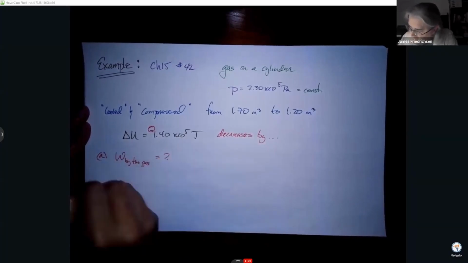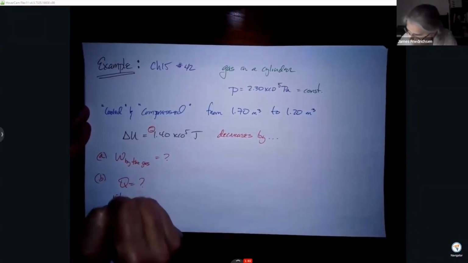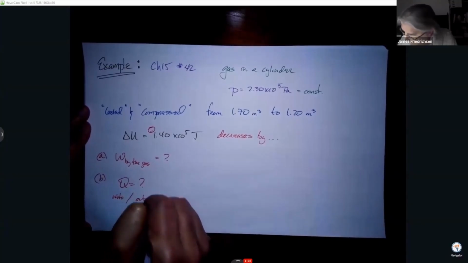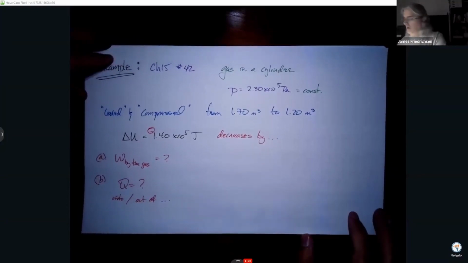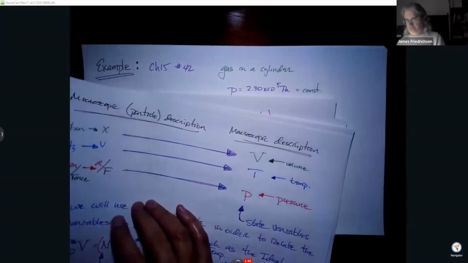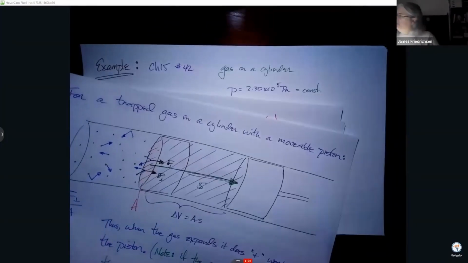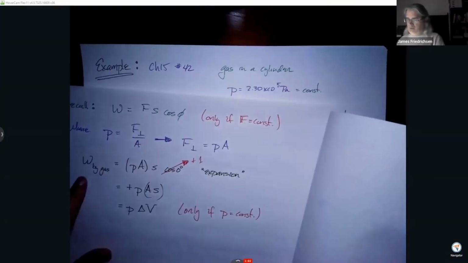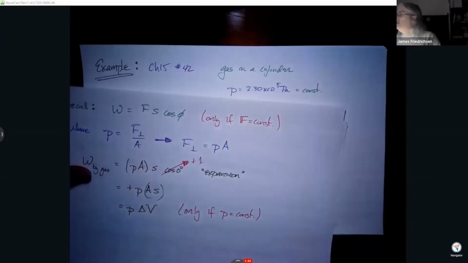And whether the heat went into the gas or out of the gas. For this particular one, we talked about the fact that there's my cylinder picture. On the next page, this is where we got that the work done by the gas was the pressure times the change in volume.